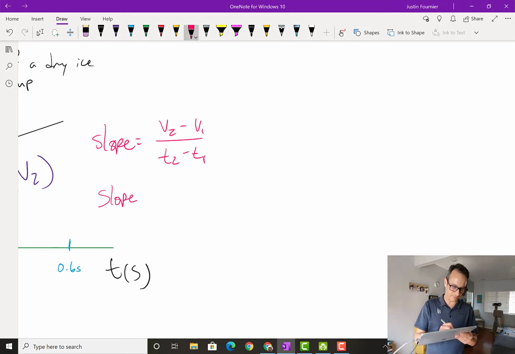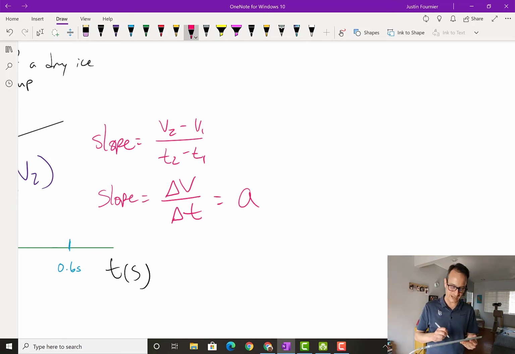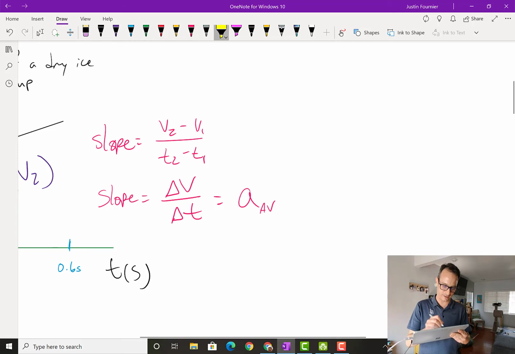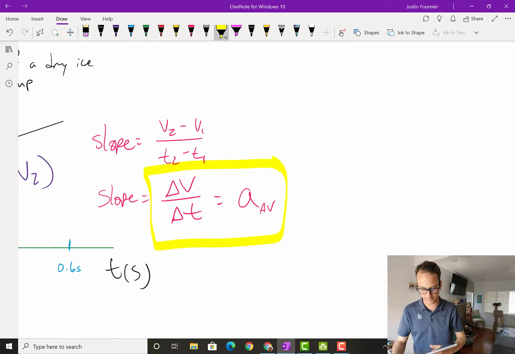So that slope would be, well, that's the change in velocity over the change in time. And those of you who don't know, the change in velocity over the change in time is your acceleration. And it would be your average acceleration. So that's the mathematical definition of acceleration. It is the change in velocity over the change in time.